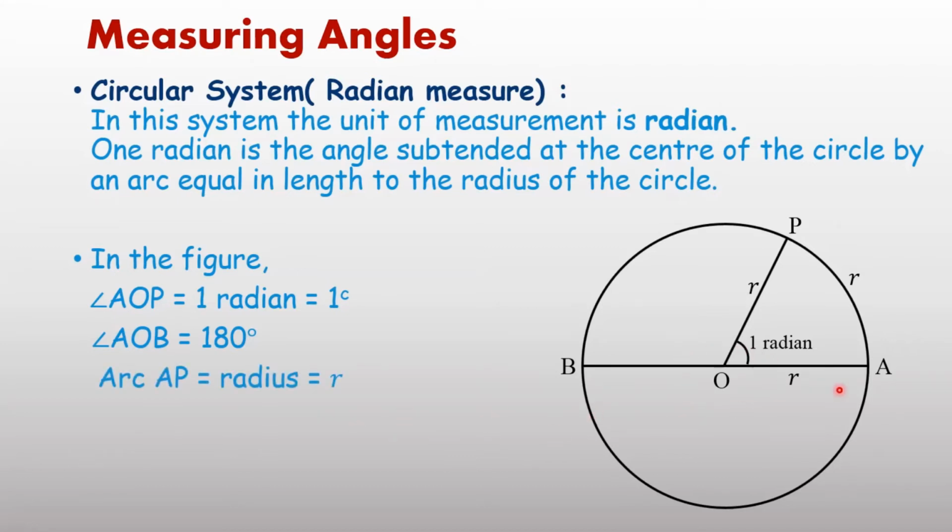The length of arc AP is r, and the length of arc AB, A to B, this complete length, that is a semicircle. The circumference of the circle is 2 pi r, therefore the length of the semicircle is pi r.